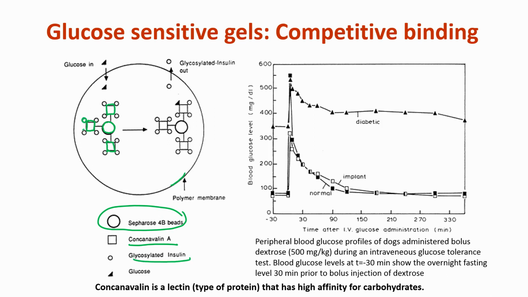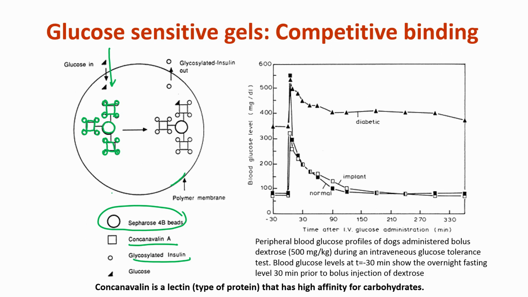Each of these lectins in this figure has been shown attached to 4 molecules of insulin. Now if glucose is high in the serum, so the body needs some insulin, then because of the high concentration, more and more glucose will come into this.